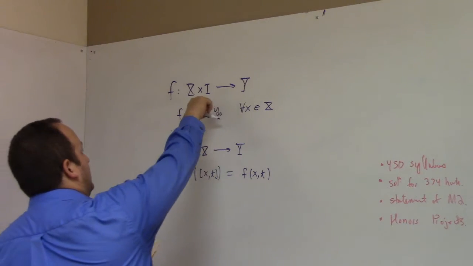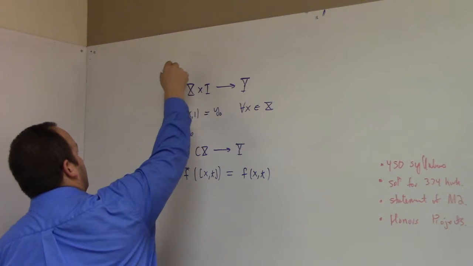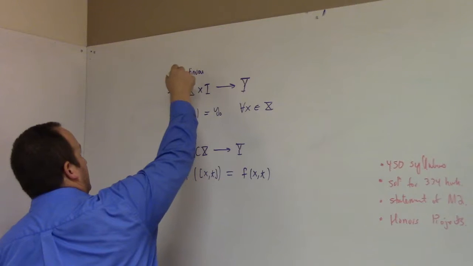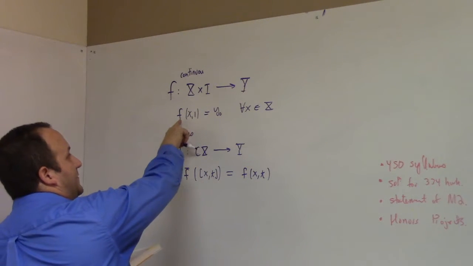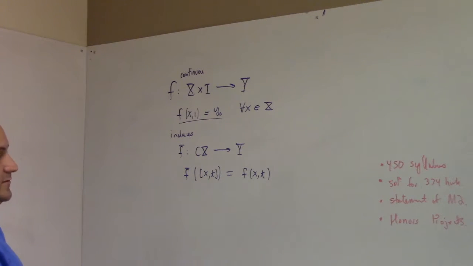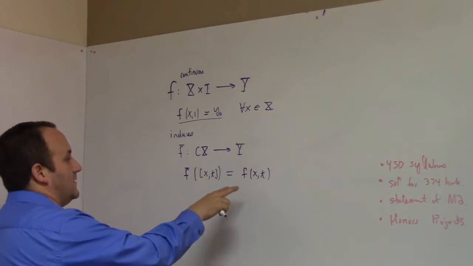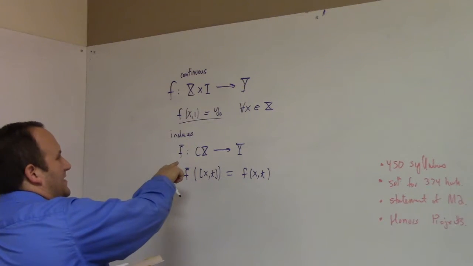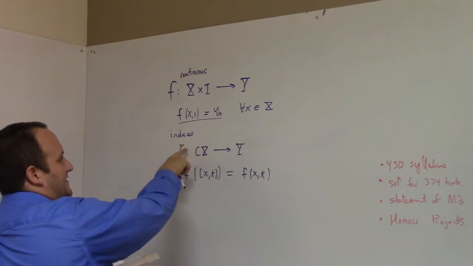So keep in mind that this is continuous, but we're not really saying much about it except that it's continuous on this Cartesian product. And by the way, this value happens to be constant on 1. So as x varies, but t is fixed at 1, it's constant. Otherwise, it's continuous, whatever. So given that, we can induce, rather, it's not an extension, is it?